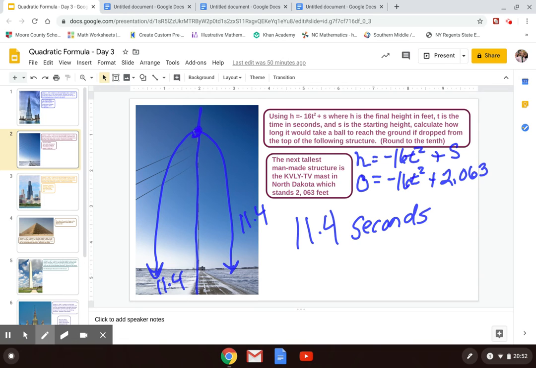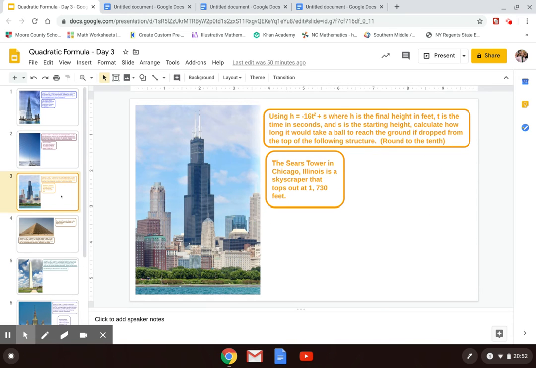All right, so let's move on to number 3. So here's number 3. Again, we're using the same function, h equals negative 16t squared plus s.